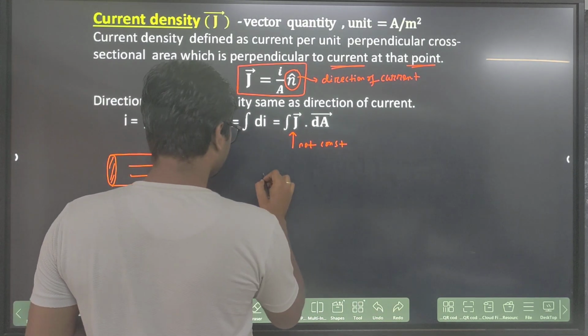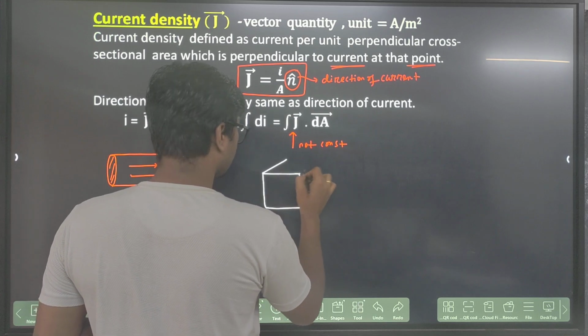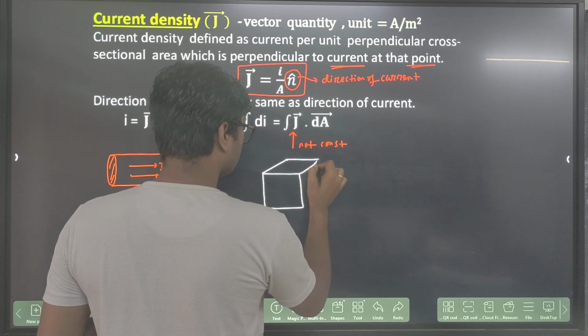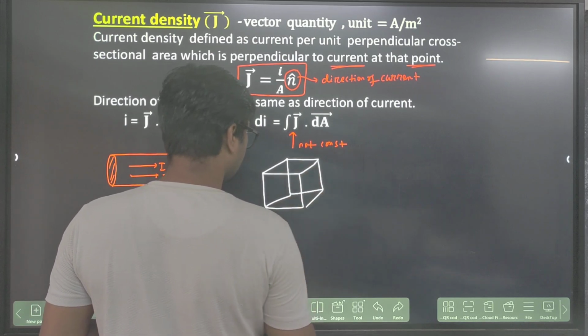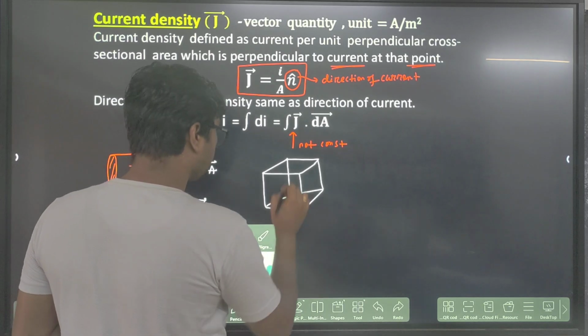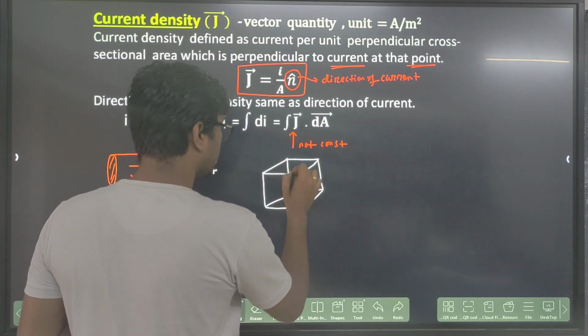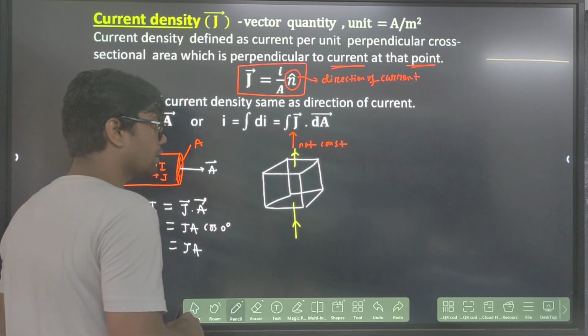Similarly, if I take a rectangle here, rectangular in 3D I have taken, right? And here let's say the current is flowing along this direction. Clear?